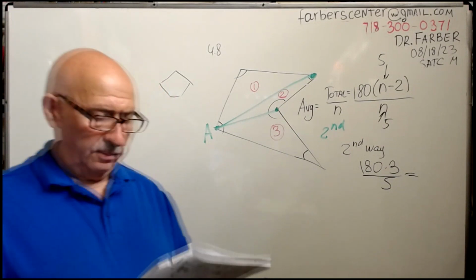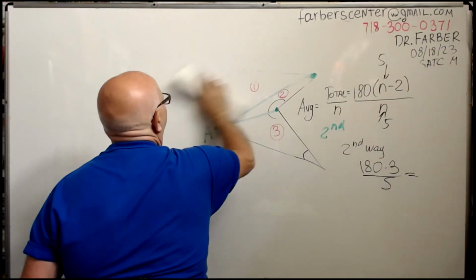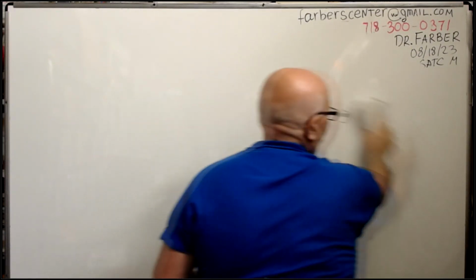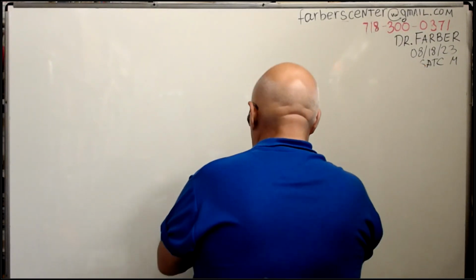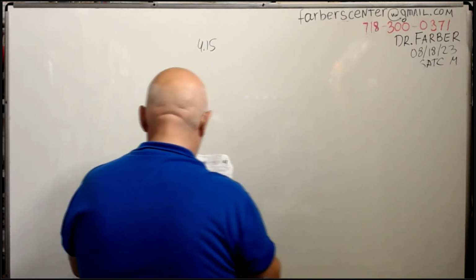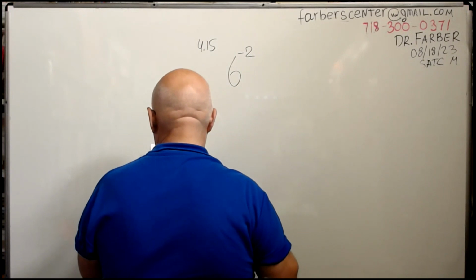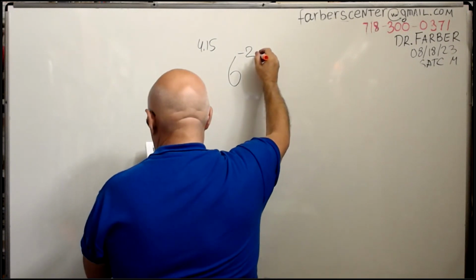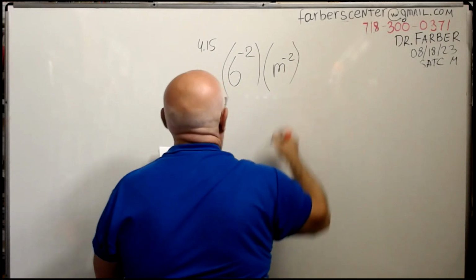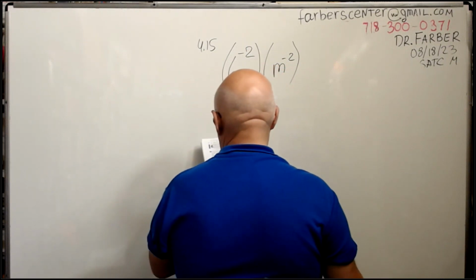Now 415. Okay, 415. What is it? 6 to the power negative 2 times m, the two in parentheses, equals 1 over 16.